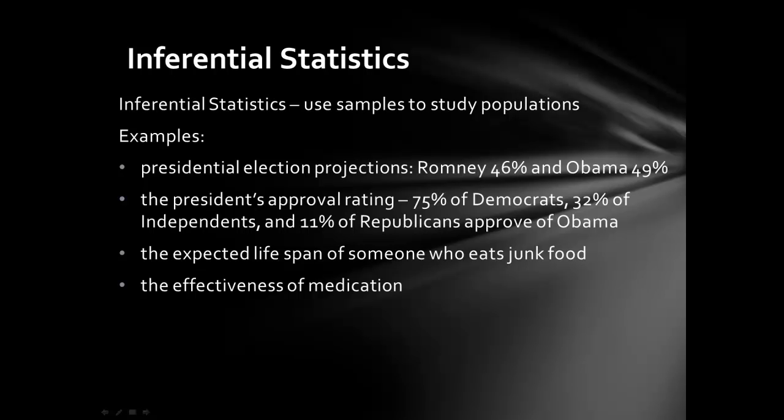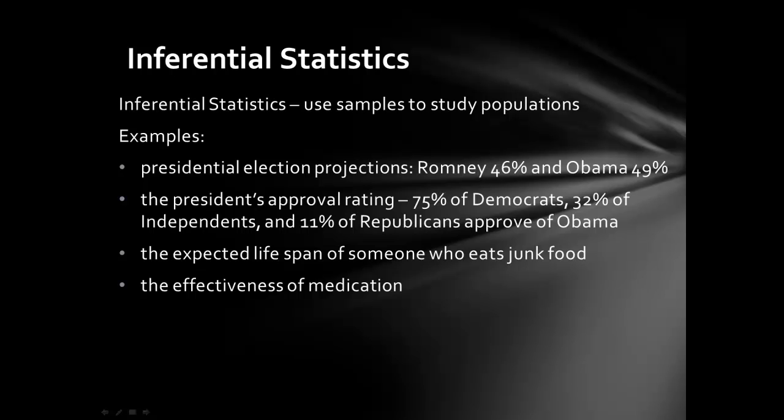And Gallup is really good about using random samples that are supposed to be representative of the population. And they also report their standard error, which we'll learn about for the rest of the semester. So if standard error was 5, then based on the sample, we would think that anywhere from 70 to 80% of Democrats in the population approve of President Obama. But we'll get there eventually, not today.